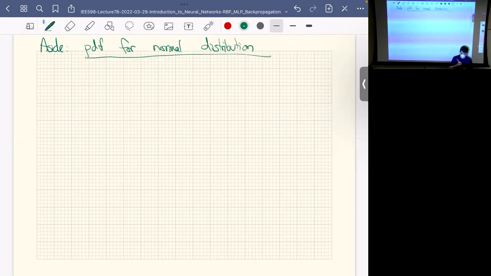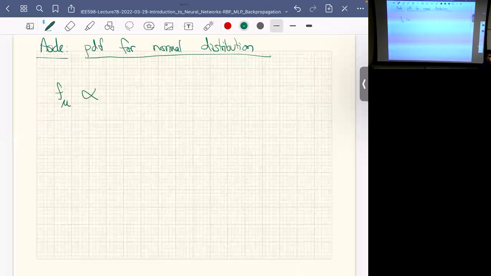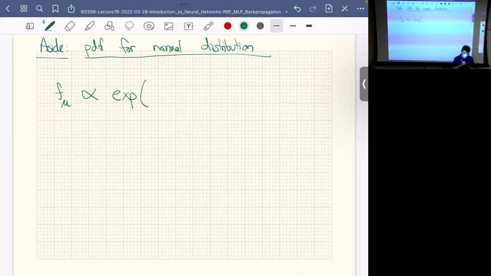It's basically, f of a normal distribution is proportional to, I'm not going to worry about the normalization constant, it's proportional to the exponential value of x minus mu squared over sigma squared. Maybe there's a negative out front there.